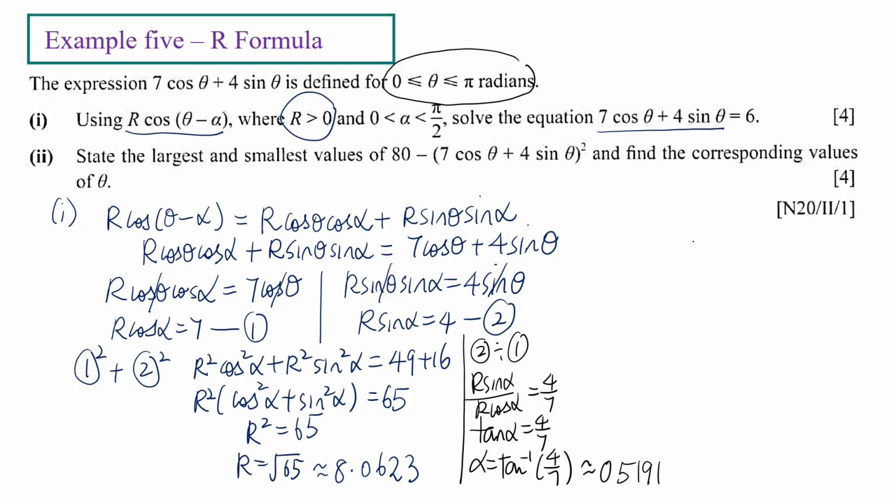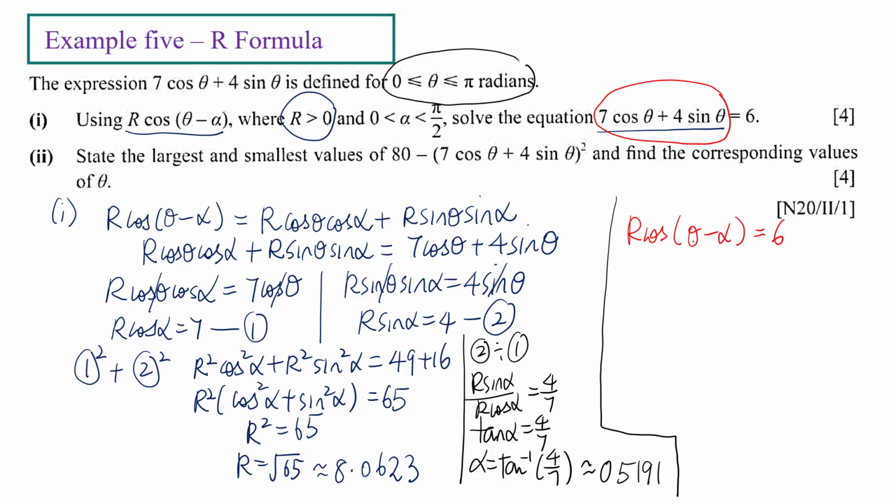All right. So if you put everything together, this is what happened. So we will have r cosine bracket theta minus alpha, which represent this one, equals to 6, right?